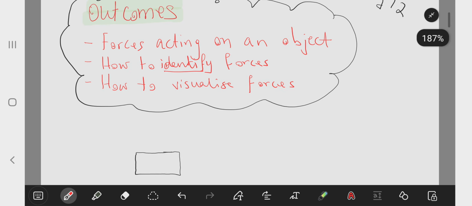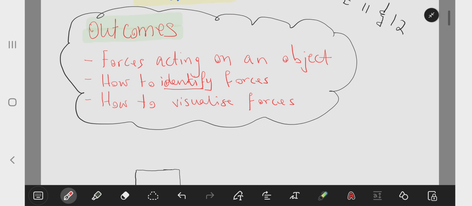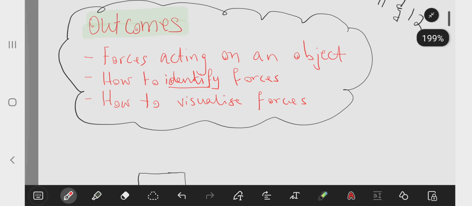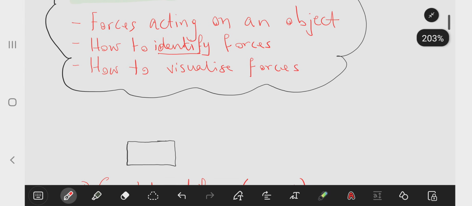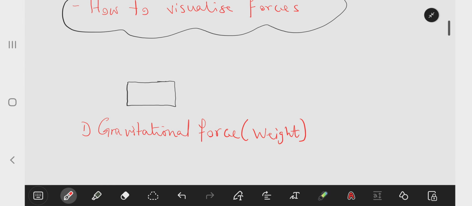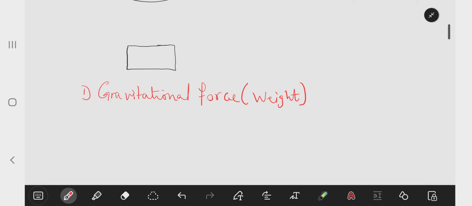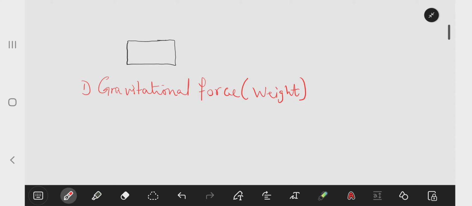So the most important thing is the wording of the statements in physical sciences. So for example, if they mention that you have an object of mass 5 kg, then that 5 kg, provided that it's on Earth, is an indication that you have your gravitational force, which is your weight.